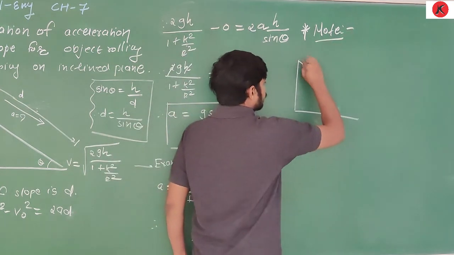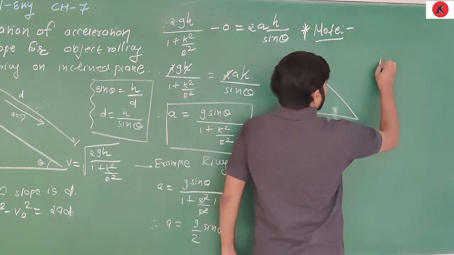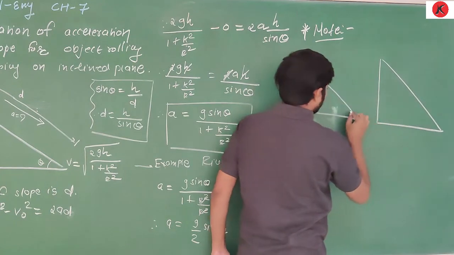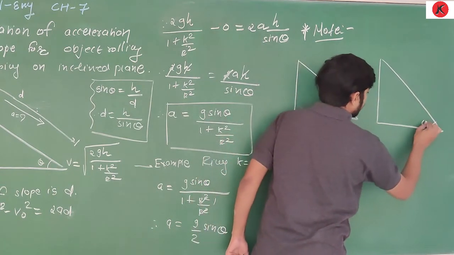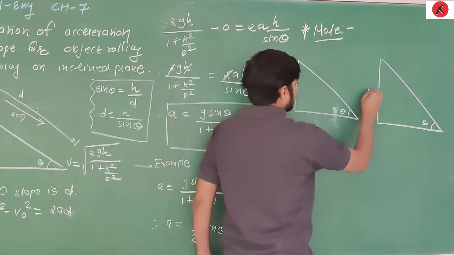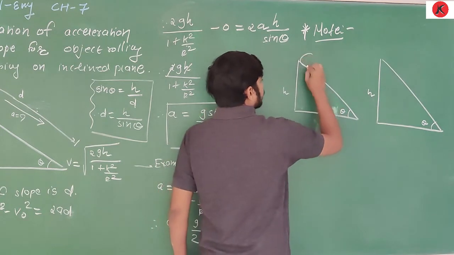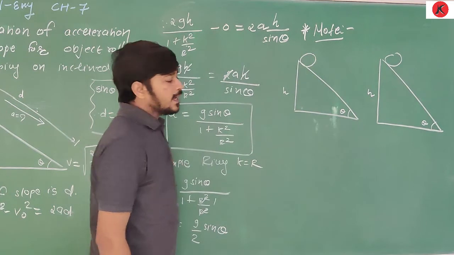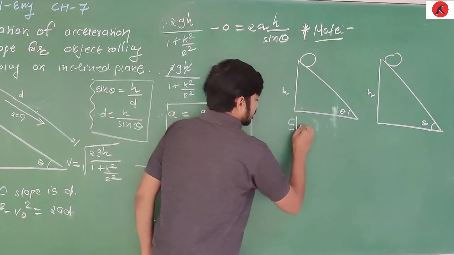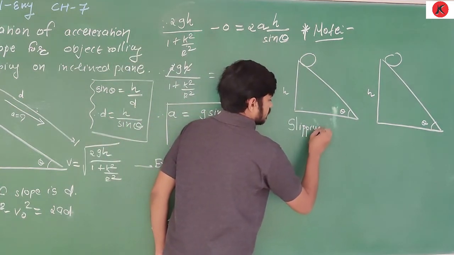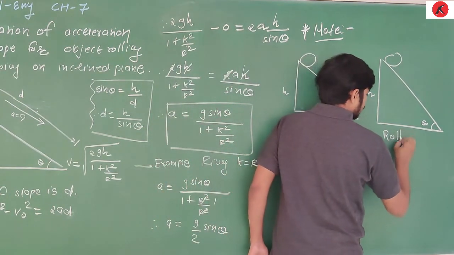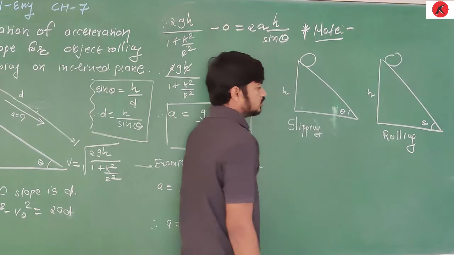I have these two figures, with angle theta and height h, and an object. But I am taking two different situations. Here the object is slipping, and here the object is rolling.